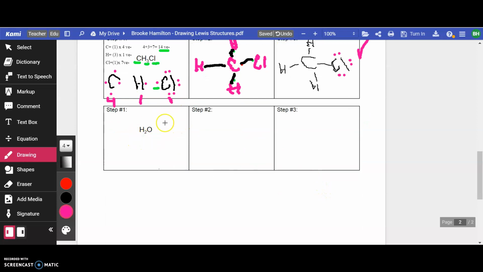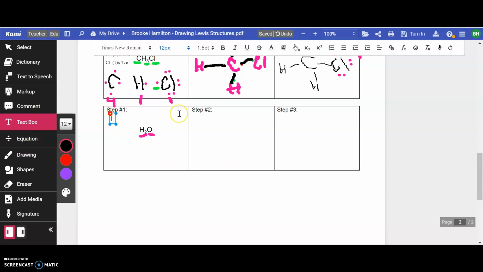Lastly, we're going to do water. So we have 2 hydrogen and 1 oxygen here. Hydrogen is in group number 1, so it has 1 valence electron. Since there are 2, that's going to contribute 2 to H2O.